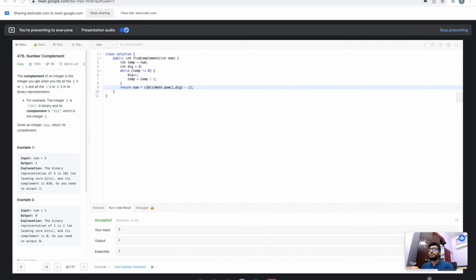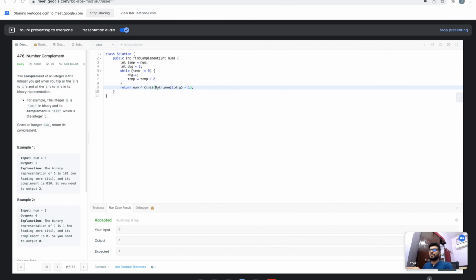For that, we are going to do a math.pow of 2 comma dig, minus 1, which is going to give us the required number with which we should take the XOR of the given number. So in case of 5, digit count is 3, so 2 raised to the power 3 gives us 8, minus 1 is 7.